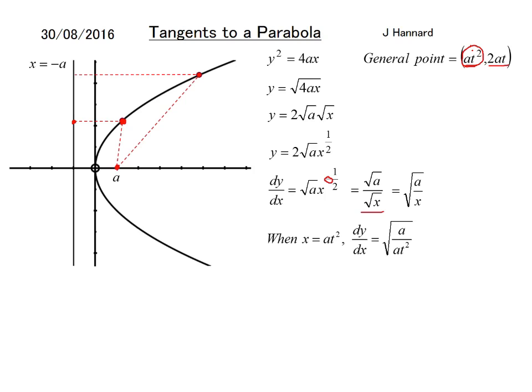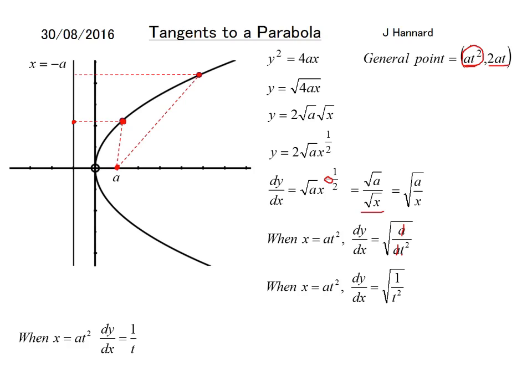So when x equals at squared, dy by dx equals the root of a over at squared, and here we've got an a on the top and an a on the bottom, so we can cancel that out. So it's going to be the root of 1 over t squared, and square rooting everything, you end up getting 1 over t.